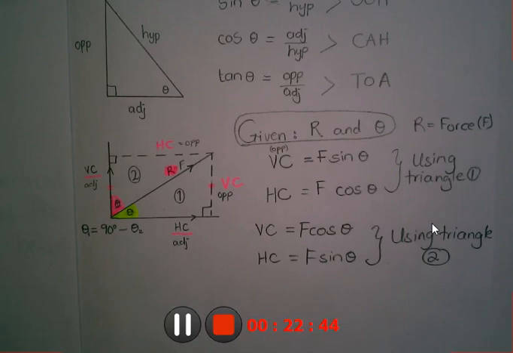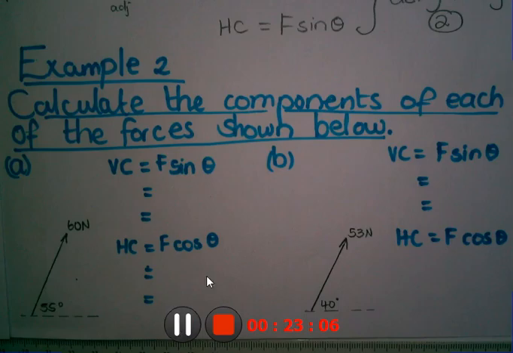Whichever you are given, you can calculate the other angle. So these are the two formulas that we use to calculate our HC and our VC. Now let's proceed and do 2 examples before I leave you with an exercise.